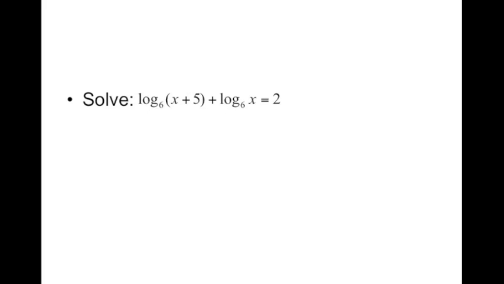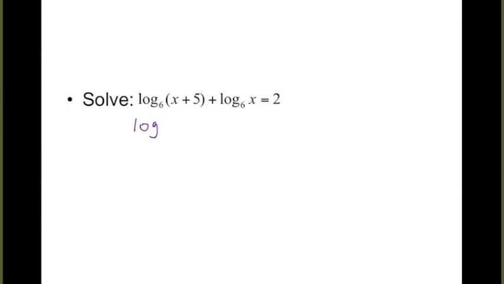Try one more of these. When you have more than one log in the problem, the first thing you need to do is combine them by multiplying the insides. Addition becomes multiplication. And then rewrite as the exponential.